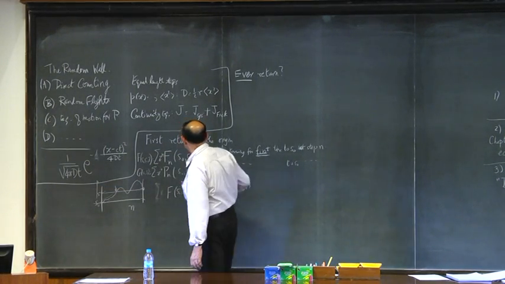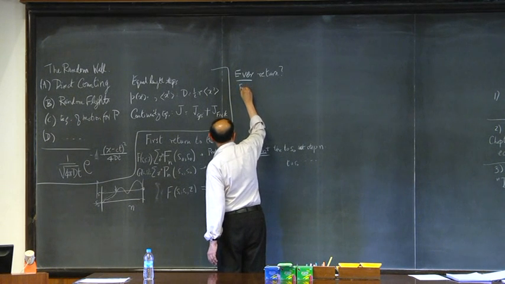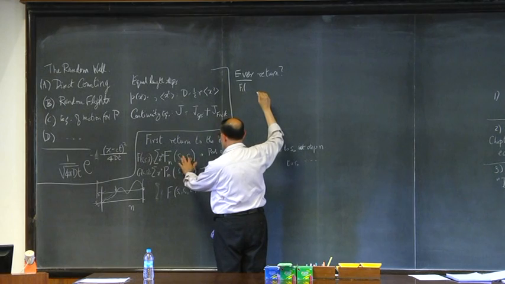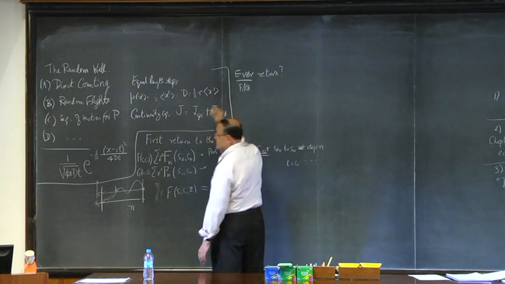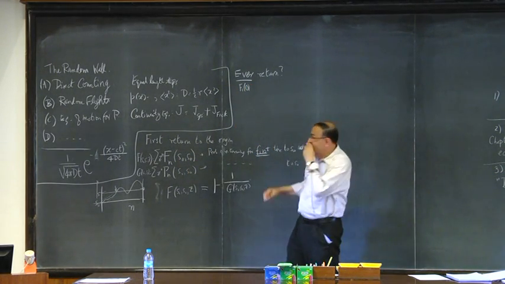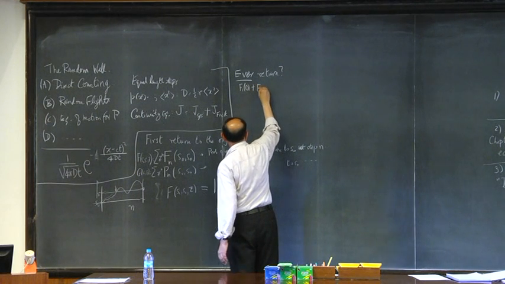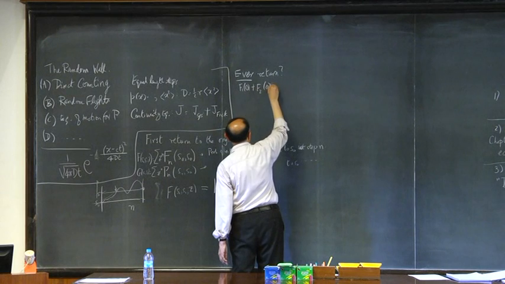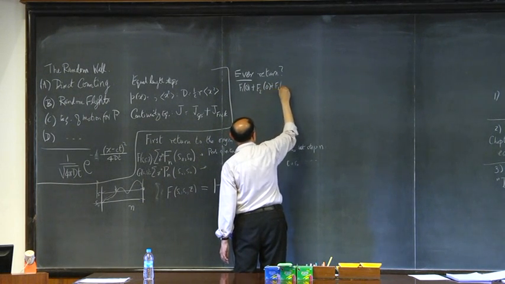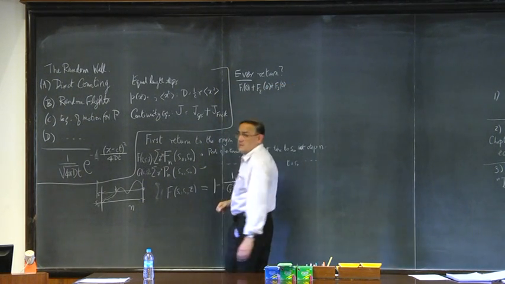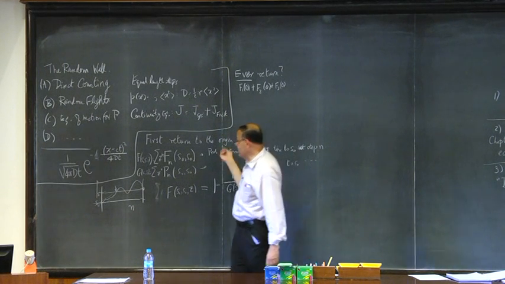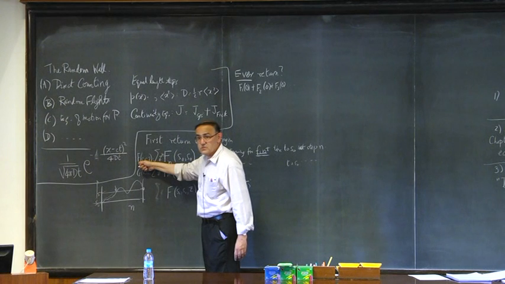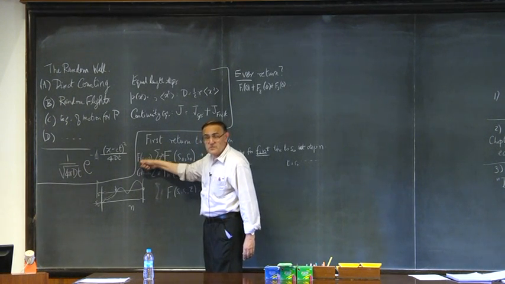So we need to add up f1, and where do we have to return? We have to come back to the origin. So S0 minus S0, which is 0, plus f2. This is in the notation fn, plus f3 and so on, which by definition is this generating function with z equal to 1.